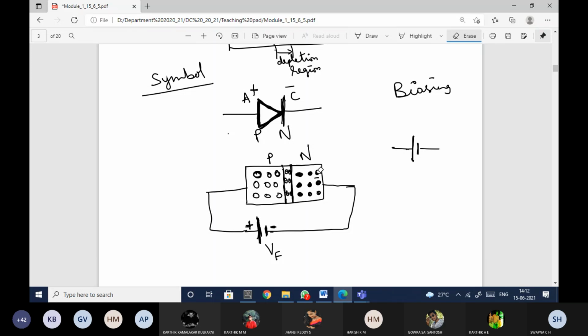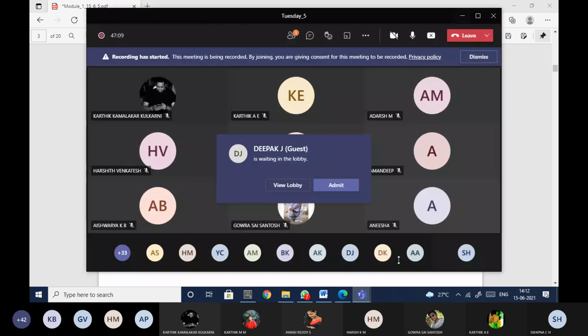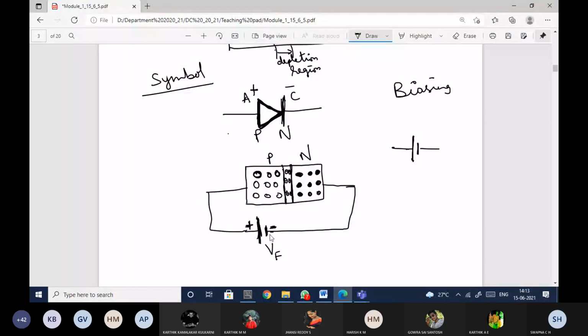Hope you are following. So these electrons will get repelled by this negative terminal and will try to move in this direction.